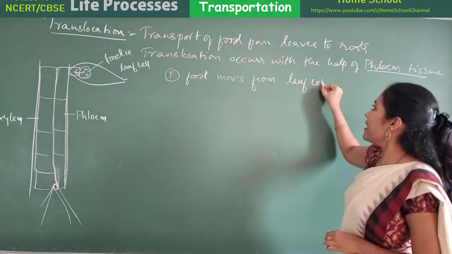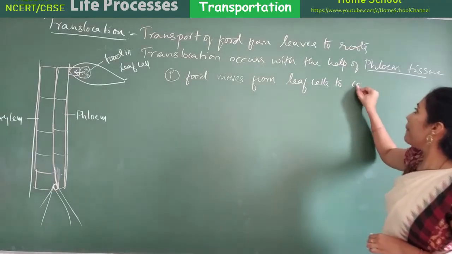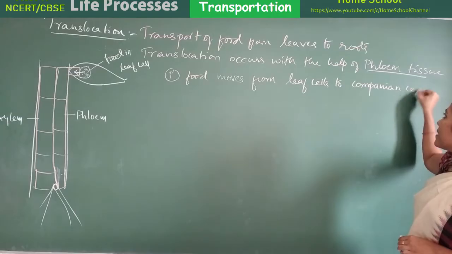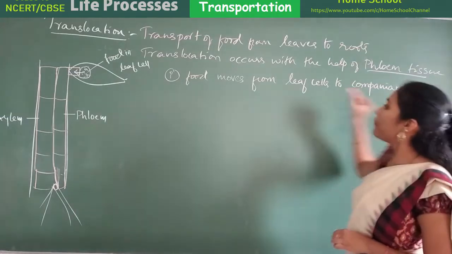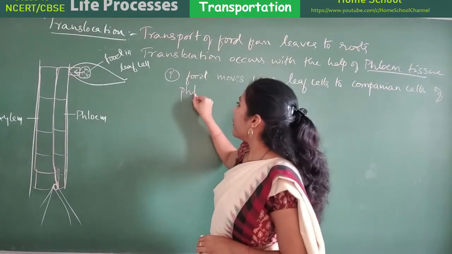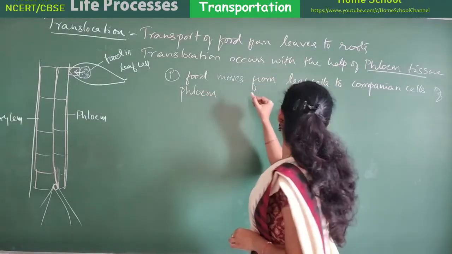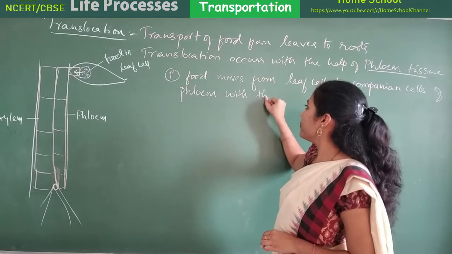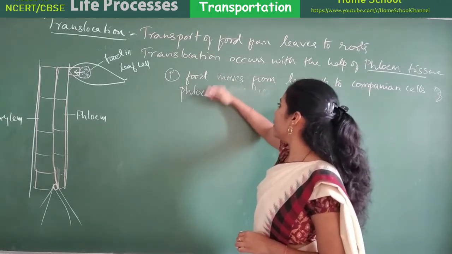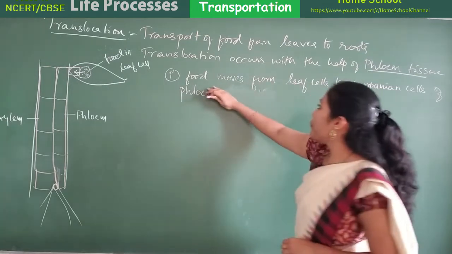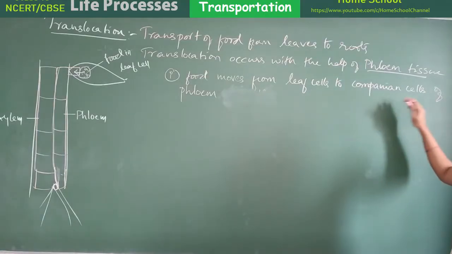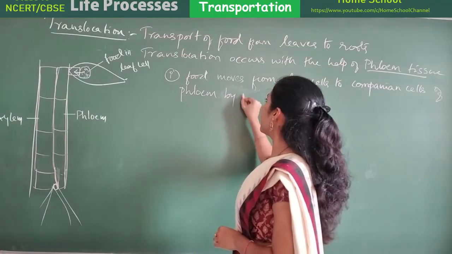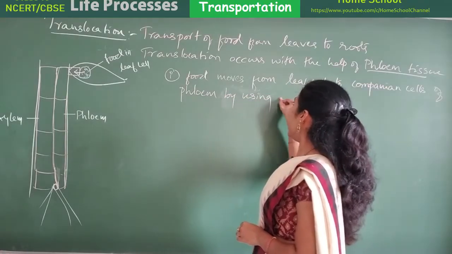Food moves from leaf cells to companion cells of phloem by using energy.